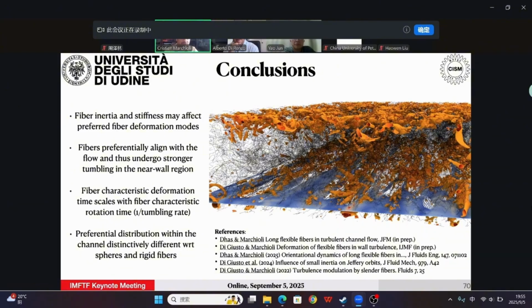But this is something we are including right now, because, of course, in many of the practical situations in which you have flexible fibers, for instance, think of polymers, the scales are completely different, but you can have these elastic chains. Then, of course, they will tend to form agglomerates.